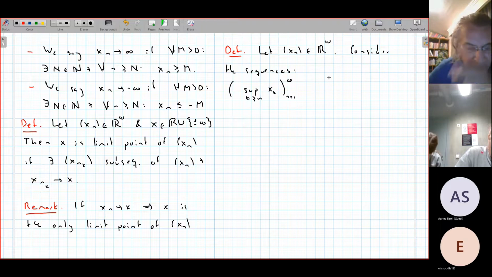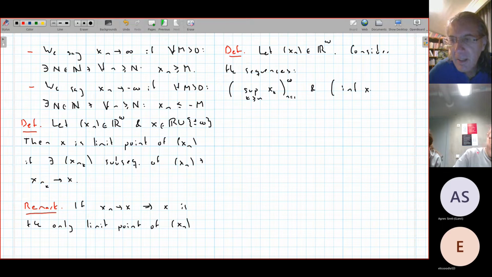So this is a sequence of real numbers, and I'm going to consider the other sequence, the infimum of xk for k greater than or equal to n. Is this clear that these two things are sequences of real numbers?